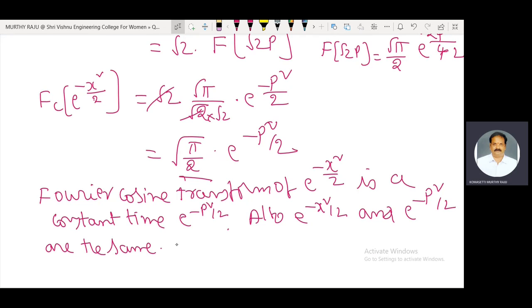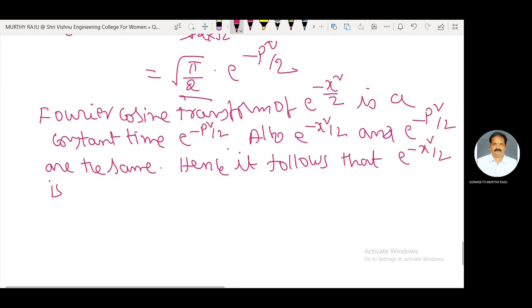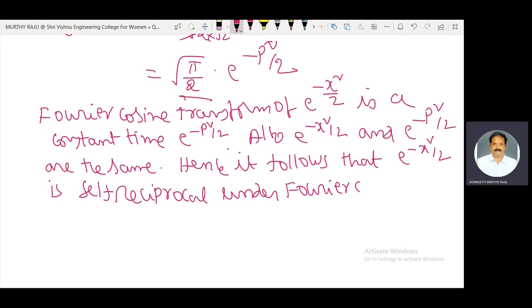Hence, it follows that e power minus x square by 2 is self reciprocal under Fourier cosine transformation.